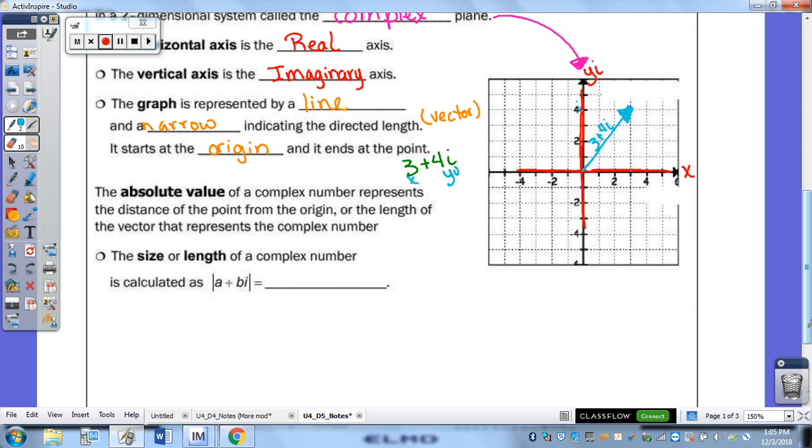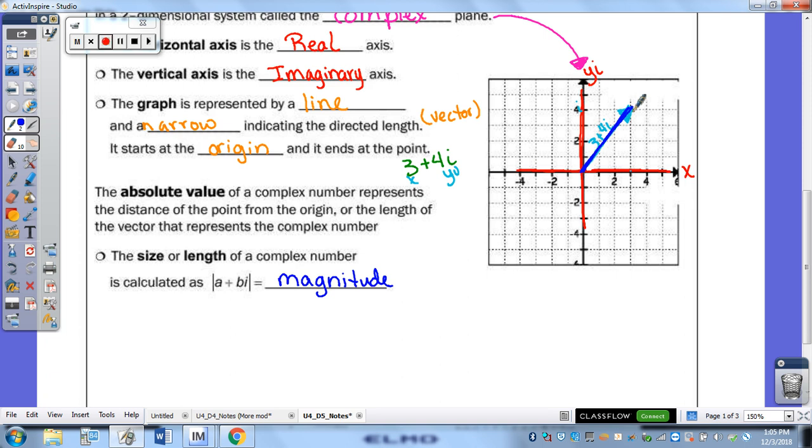A lot of times they want you to be able to figure out the length of the complex number. In order to do that, you have to figure out its magnitude. The magnitude is the length of your complex number. We figure this out by using your Pythagorean theorem.